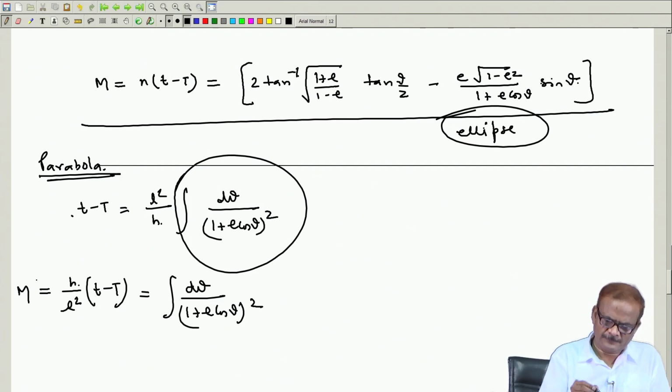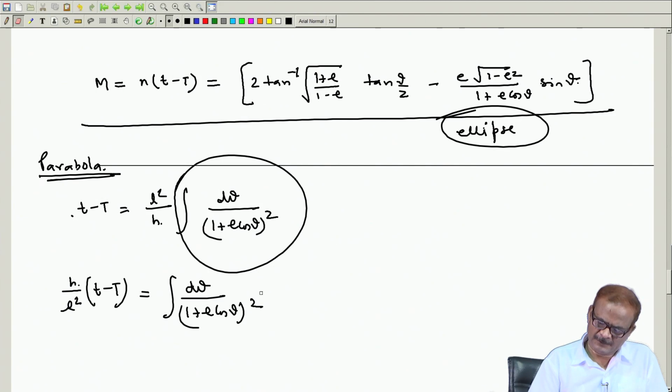Now, this part we do not write as m, because 1 minus e square was also there. So, we have to take care of that, we simply write it this way, and on the right hand side then we put the whole thing.